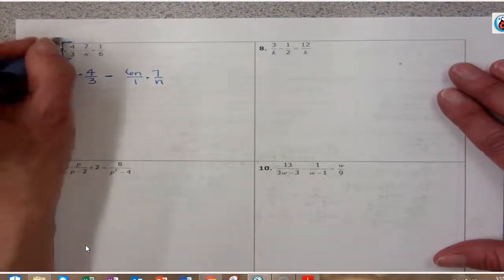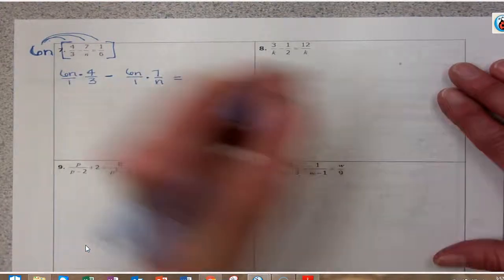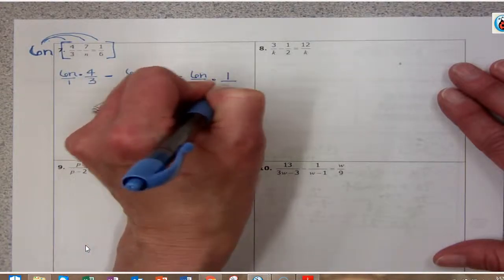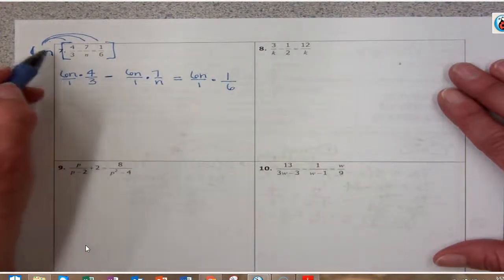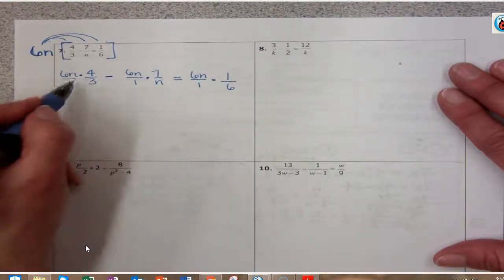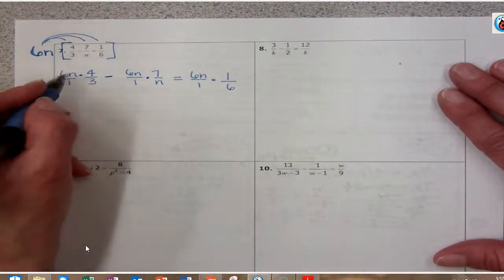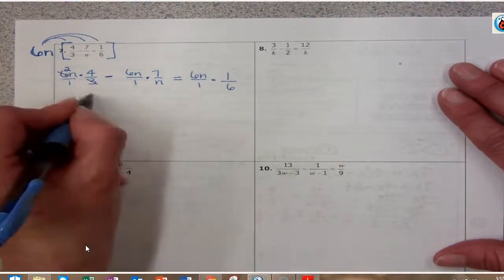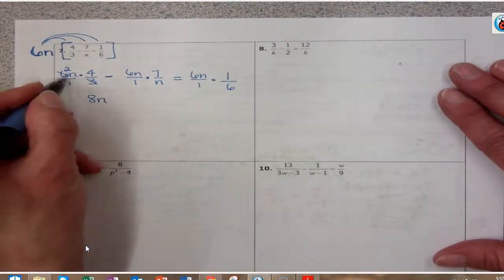I'm distributing this to each of these, even the number on the other side of the equal sign. I'm multiplying this to everything. And the reason is you're going to see when I multiply these out, I'm going to be able to get 8n here, because I can divide 6 by 3.